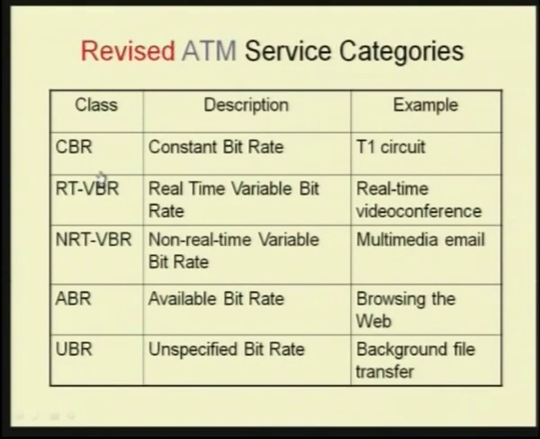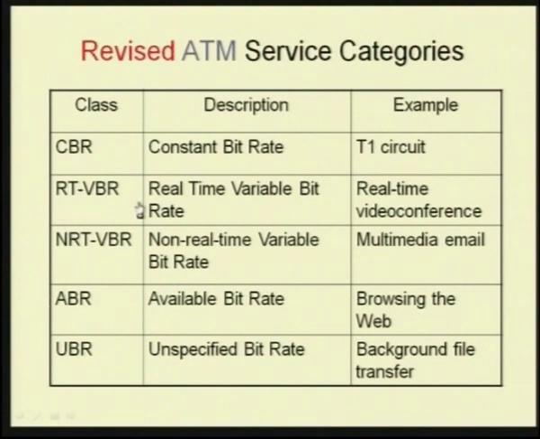Here we talk now about CBR, which is constant bit rate. This is typically used for emulation of your T1 circuits and so on, time division multiplexing based standards that we have. So, this is a constant bit rate service category. Then we talk of a variable bit rate, but under variable bit rate we provide for two different classifications, RT VBR and NRT VBR.